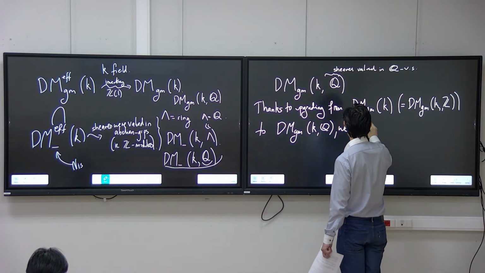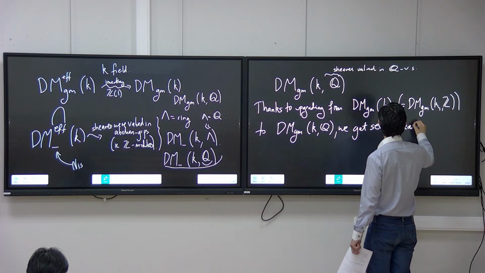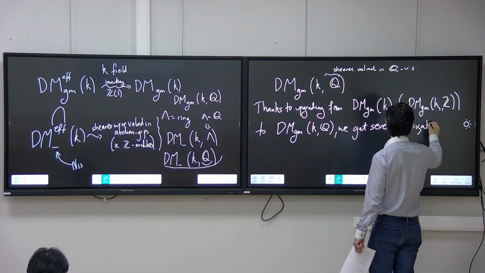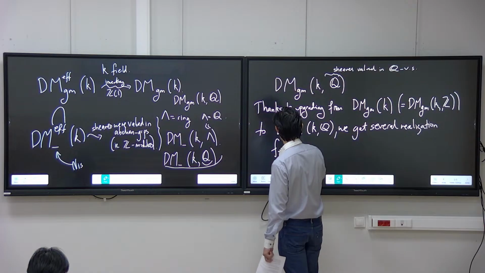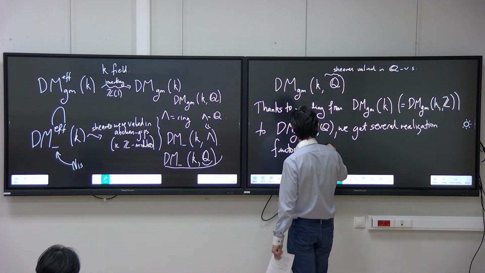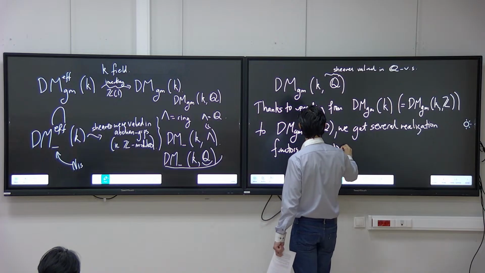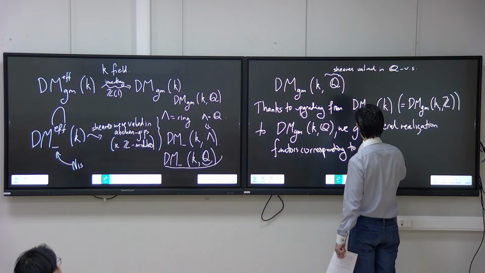We get several realization functors corresponding to different cohomology theories.